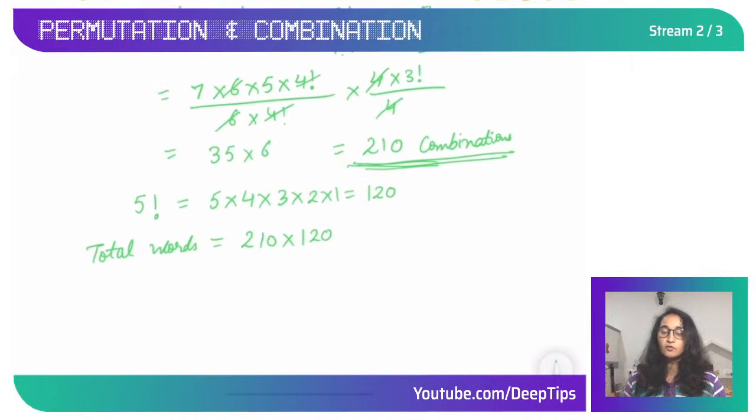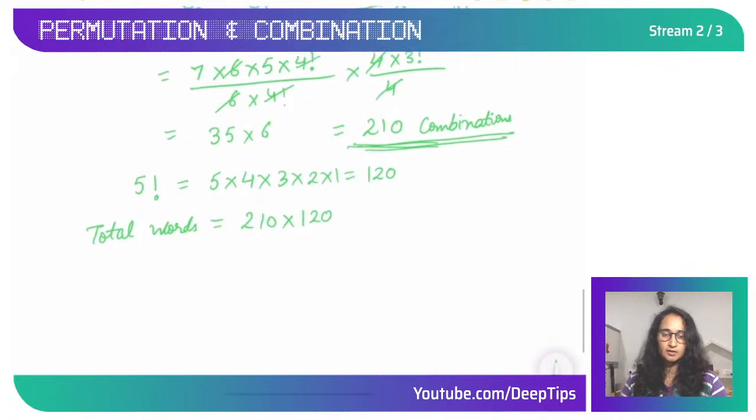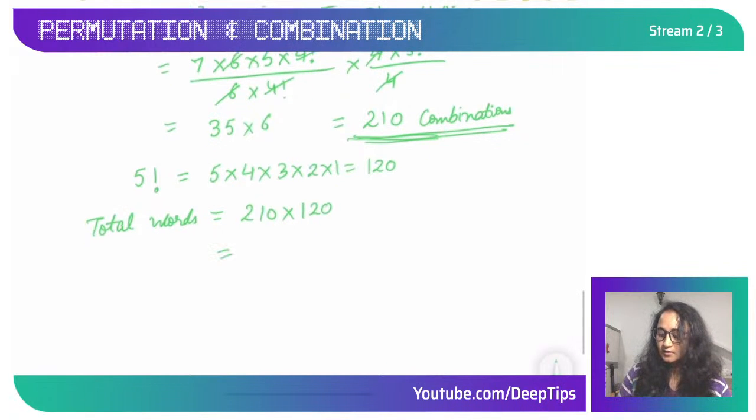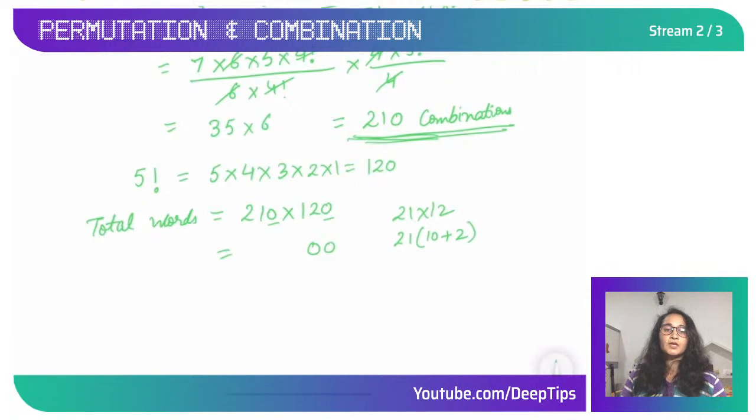Now many of you must be thinking how to do it quickly. So I'll tell you. First, just look at these zeros. So we'll write these zeros, and here I have 21 into 12. This is how I do this mental calculation. Maybe you do it in some other way. In 11th, 12th board exams or school exams, we are allowed a calculator, but in competitive exams, you are not.